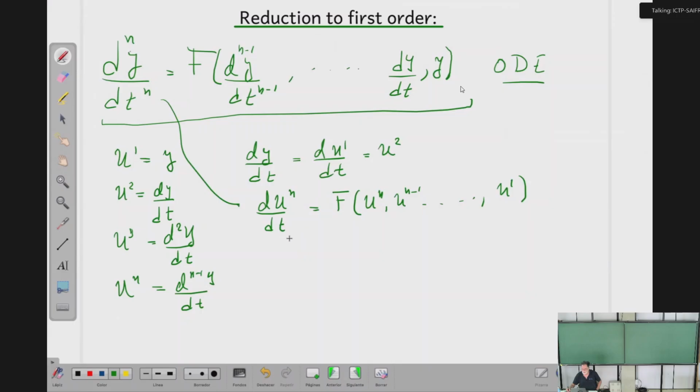You take this as your equation, then d(un minus 1)/dt is un, and d(un minus 2)/dt is un minus 1, and up to du1/dt, and then there's something wrong here. This should be u2, right? Yeah.